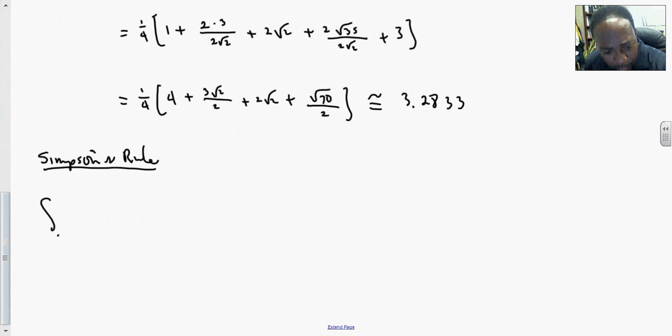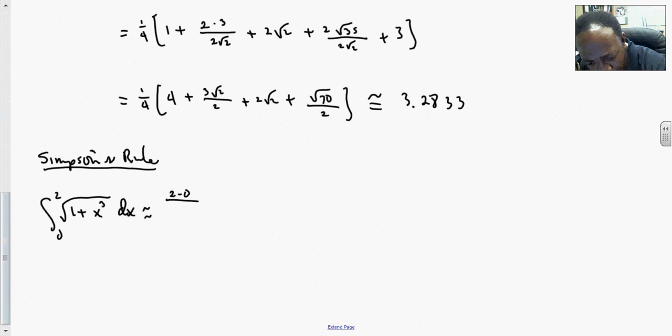So this integral from 0 to 2 of the square root of 1 plus x to the third dx is approximated. We say b minus a, which is 2 minus 0, over 3 times n, and n is 4.